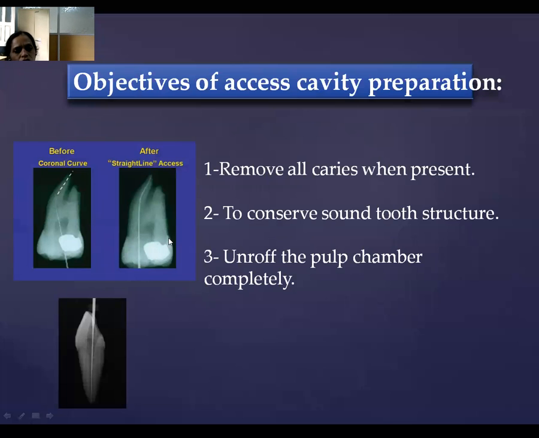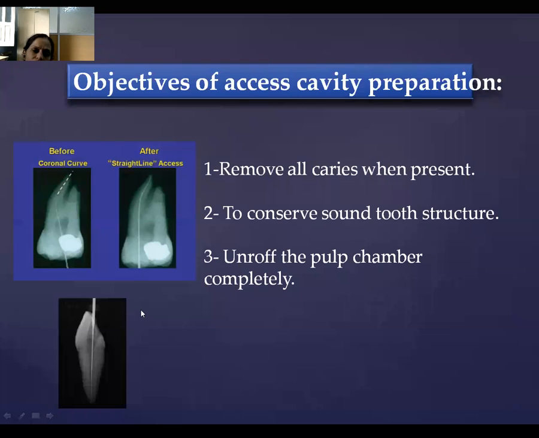If you properly unroof the pulp chamber, you have to remove the roof of the pulp chamber completely. If you do this step properly, your instrument will not get stuck in the pulp chamber area. Your instrument should go straightwise into your apical foramina.